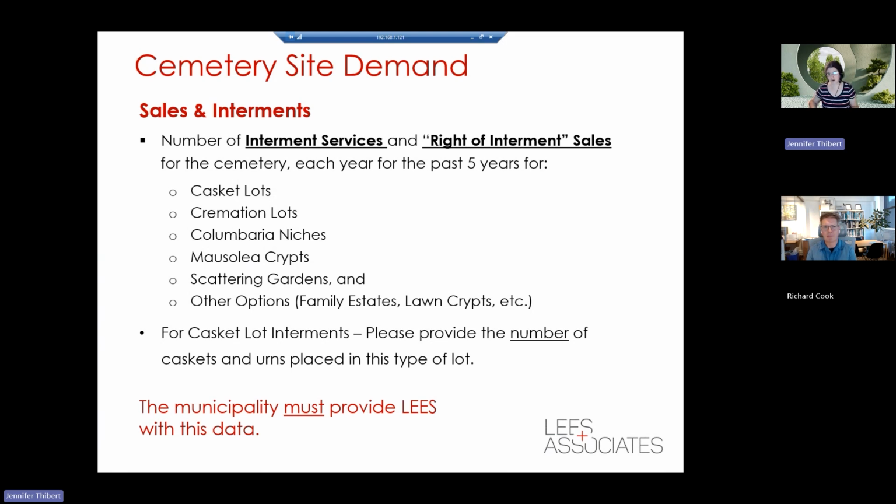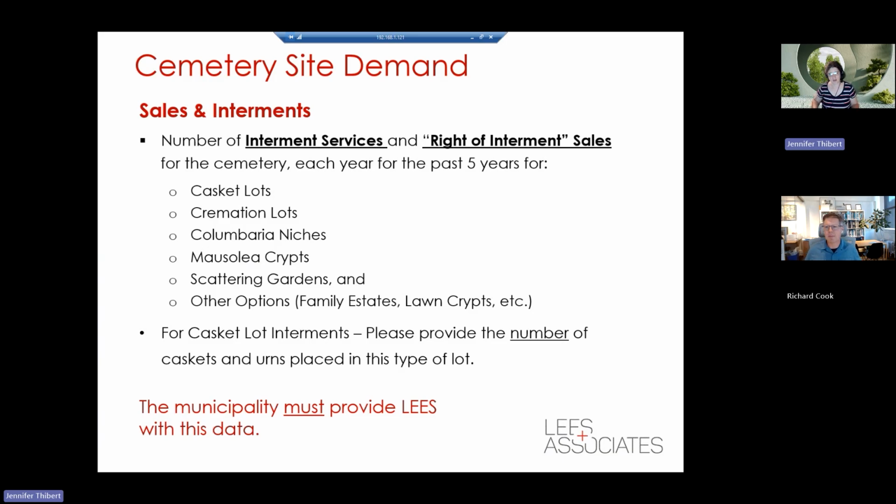And this is where we are exploring how many people are going to your cemetery to purchase a lot, purchase a niche, and then either right away or in the future be buried or placed within a niche or a crypt. So this information must come from the municipality or the cemetery operator if it's a religious organization or a private cemetery, because we don't have access to that information.